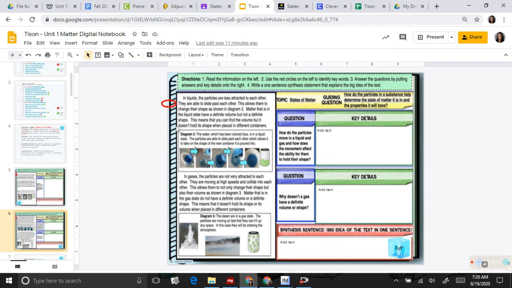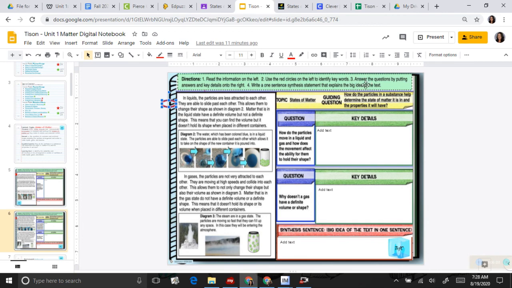You're going to read this passage about liquids, and you're going to see they've got a diagram right here that you need to focus on. Then we're going to read this passage on gases, and they've got a diagram down here that you need to look at with some really important examples. You're going to take your red circle and you are going to drag it to any of the important words. Now, this is not right or wrong. You choose which words you think are important.